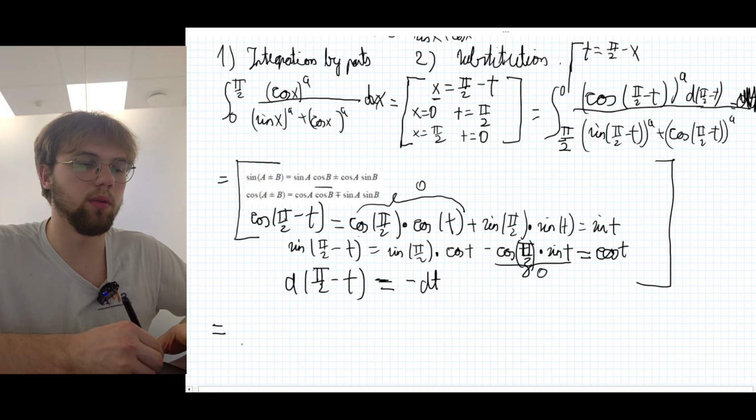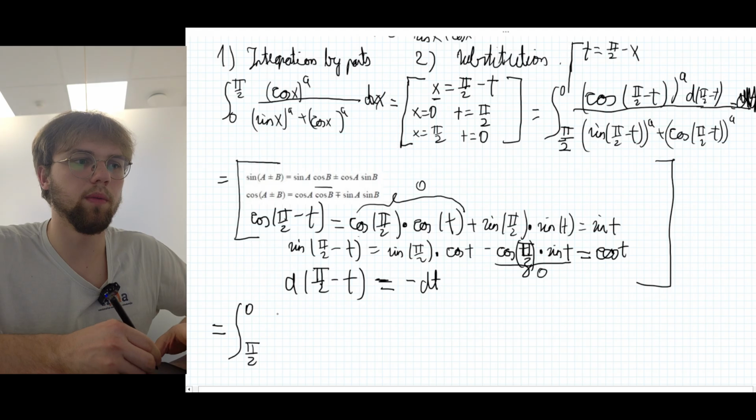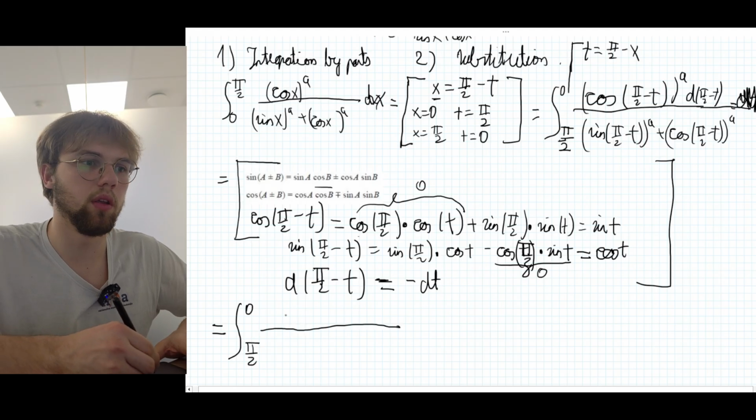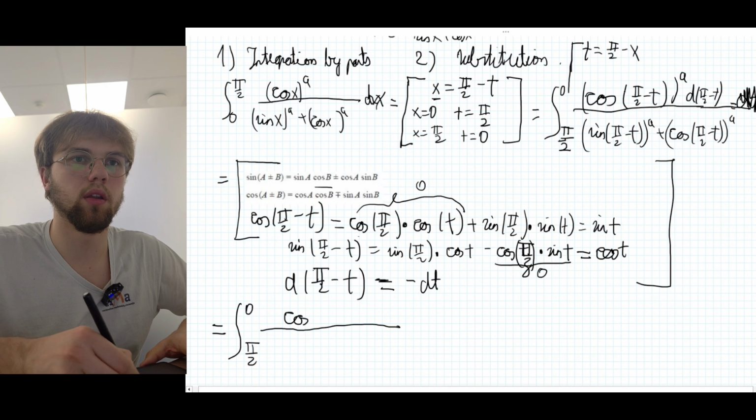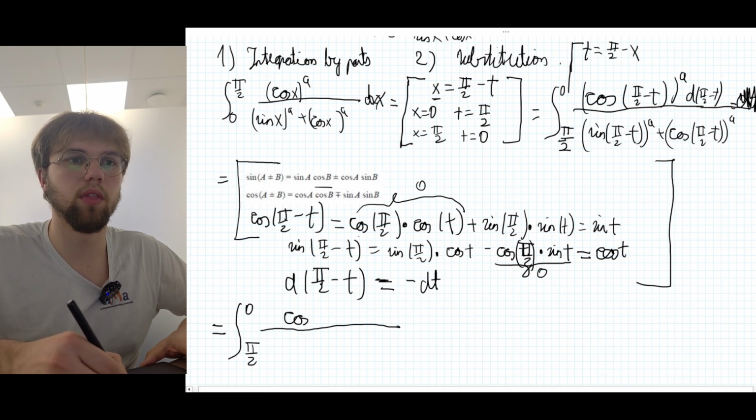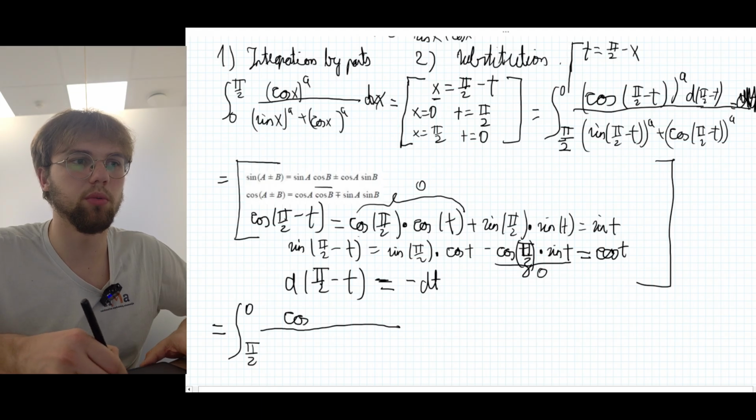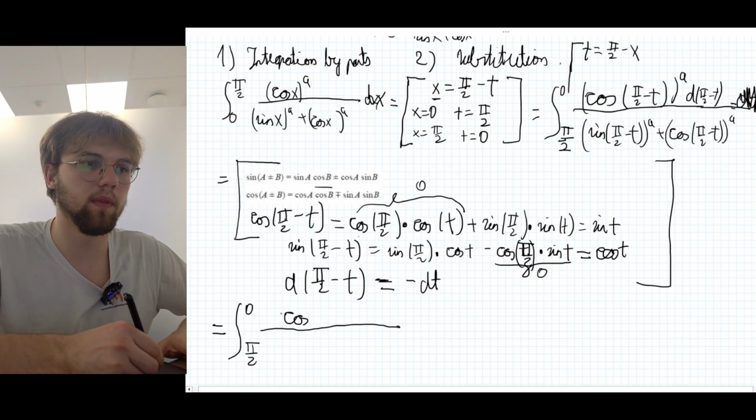So now, rewriting everything that we have, this is the integral from pi over 2 to 0, and cosine of this number would just be equal to sine t, right?